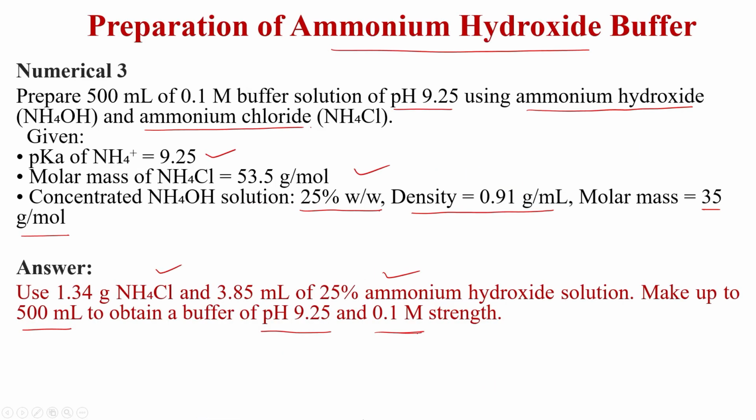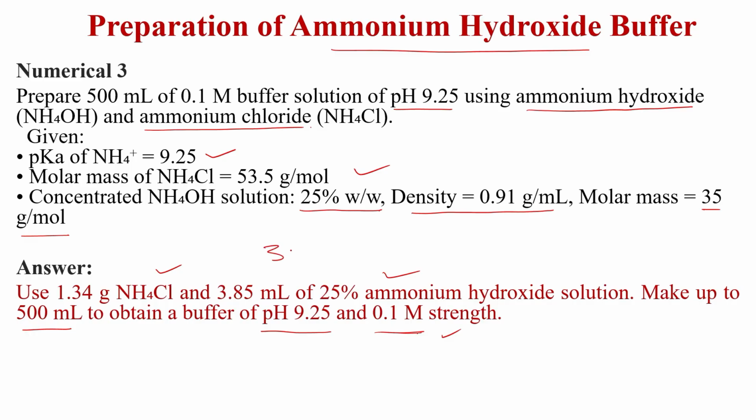Okay, so this is your answer: you have to take 1.34 gram ammonium chloride and 3.85 ml of ammonium hydroxide solution, make up the volume to 500 ml to obtain a buffer of pH 9.25 and 0.1 molar strength. In this case also, you take the whole amount of ammonium chloride and take slightly less of the 25% ammonium hydroxide solution.